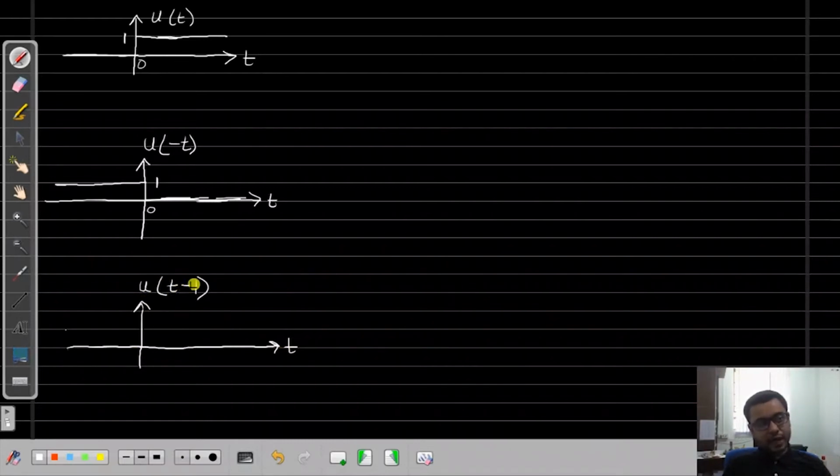This is a time shifting. So you have to shift this signal by 1 unit towards the right. So that will look like this. It will start from here and then continues like this. Before that it is 0. This is t equal to 1.